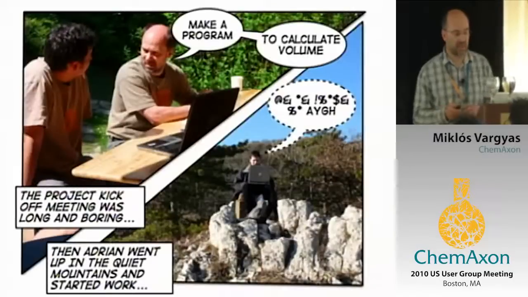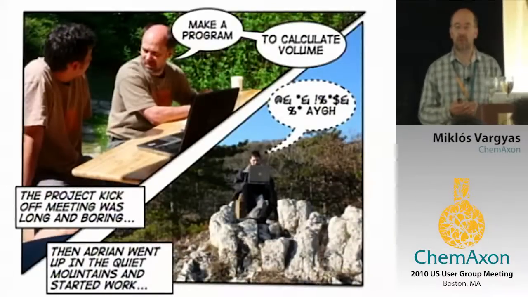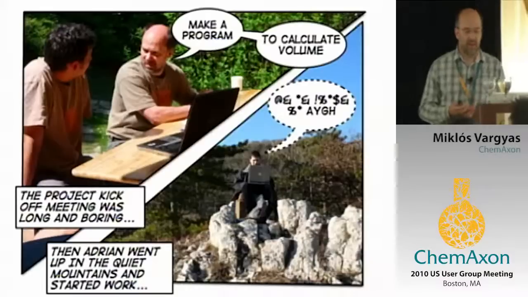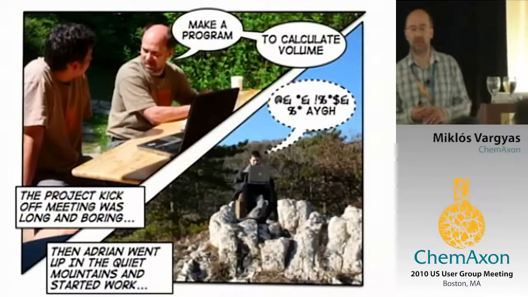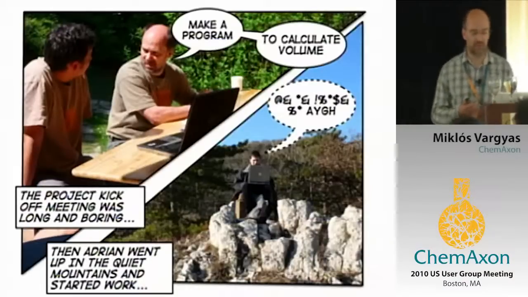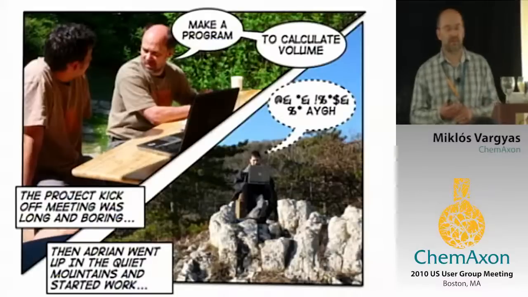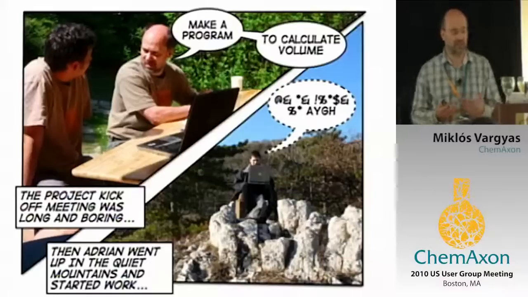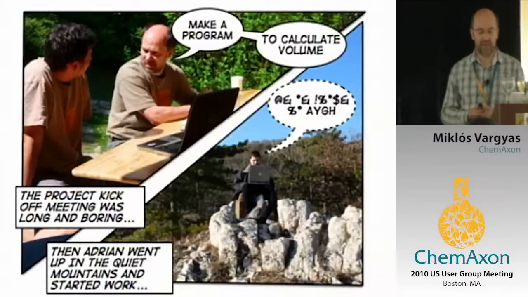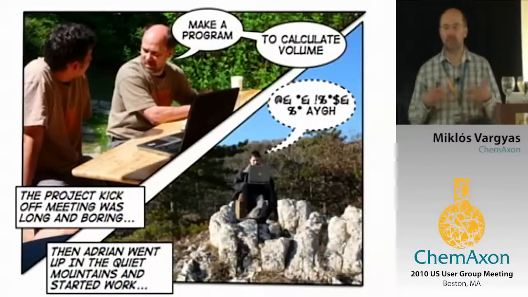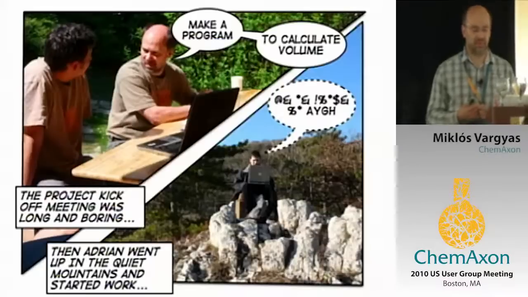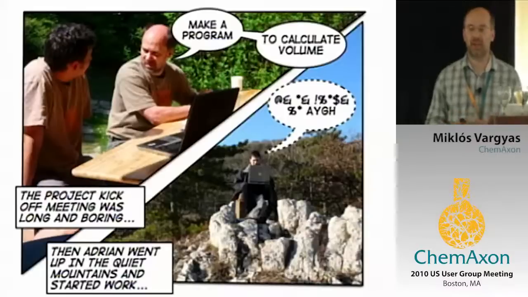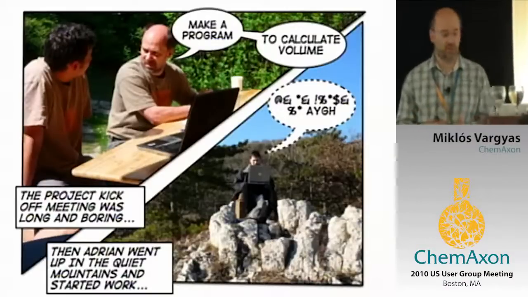So when this was done, I took the Post-it note that I got from Doug, and I went to see Adrian. And we had this long discussion, a kick-off meeting, and there we discussed how we could design and implement this molecular volume calculator, and we set the milestones, and we wanted to set a deadline for when the prototype could be delivered.